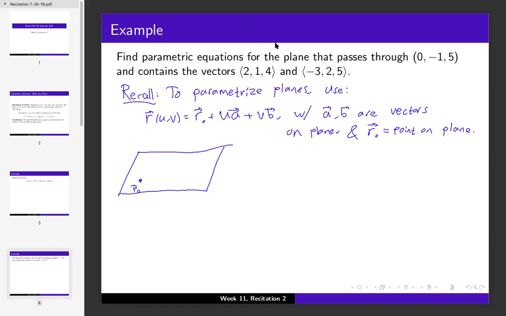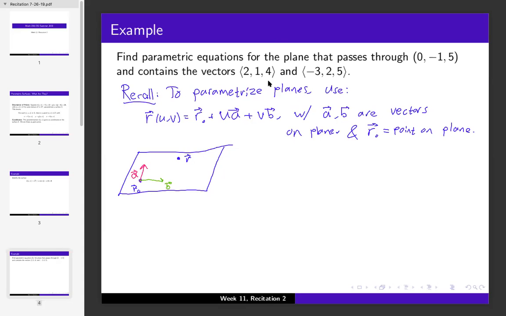I'm going to use different colors to do this. One of them is going to be A, and the other of them is going to be B. And we've got another point on this plane, over here. I'm going to call this point R.